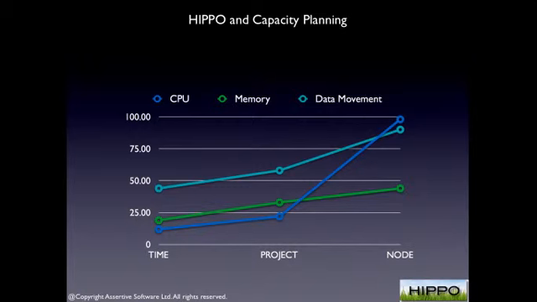It gives a 360-degree view of CPU, memory and data movement, and allows trends to be identified and capacity planning to be done ahead of time, so that you can plan investment, or you can plan replatforming, or you can plan to perhaps rebalance where the load is being executed. So that's HIPPO for the different job categories within an Informatica environment.